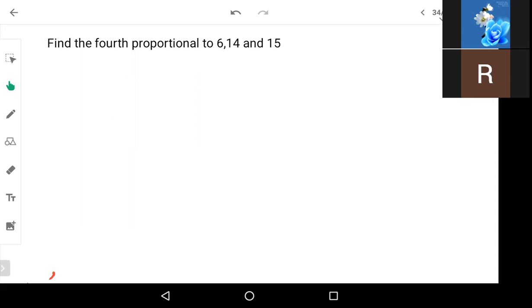Shall we start? Okay. Now, the first problem is about finding the missing proportional. Find the fourth proportional to 6, 14 and 15. Okay. So they have given us the data of 3. So we have to find out the last proportional.